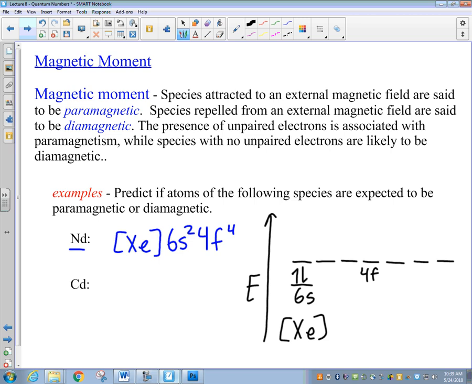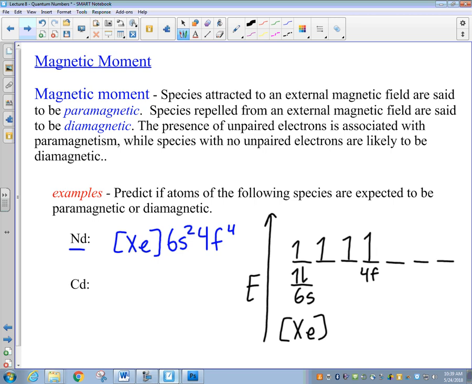Then within that 4f orbital, the key idea is Hund's rule, which says that electrons will occupy an empty suborbital before pairing off with another, as long as they are at the same energy level. So within that 4f orbital, we fill spin up, up, up, and up.